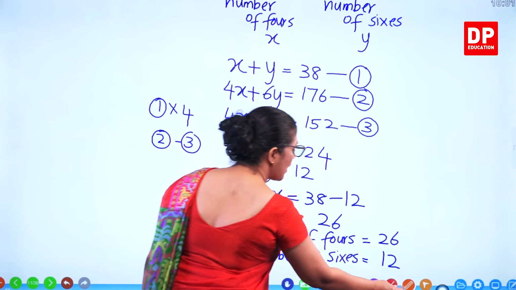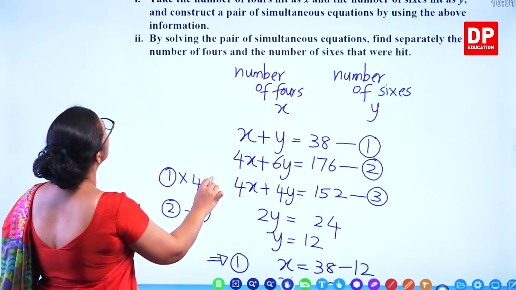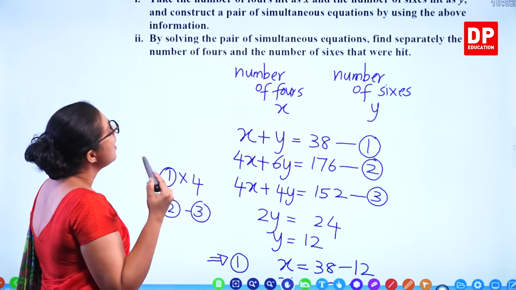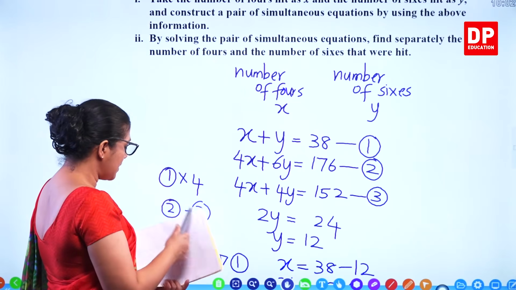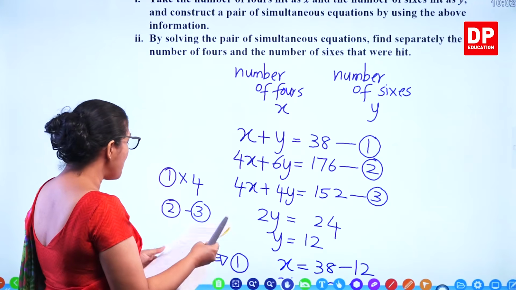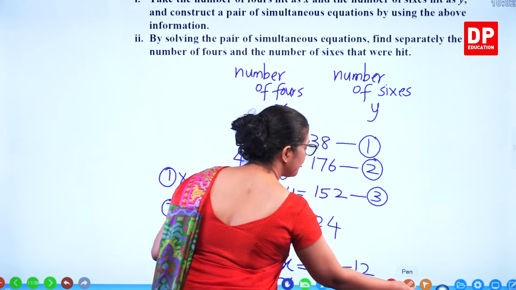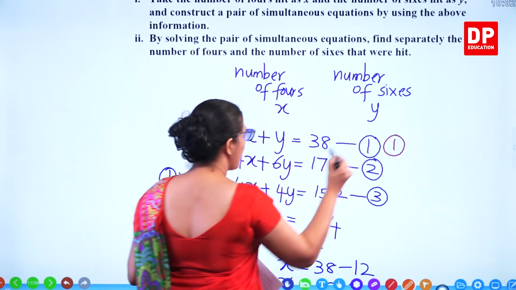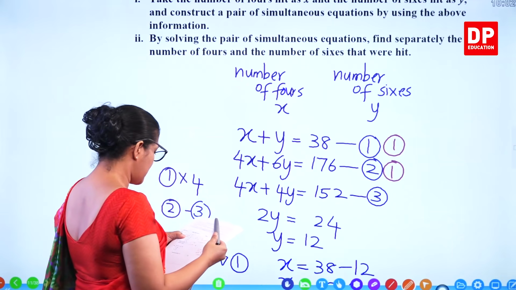Now we'll see how you get marks for this. So by solving the pair of simultaneous equations, find separately the number of 4s and the number of 6s. According to the marking scheme, normally you get 1 mark for constructing each equation, so 2 marks there.